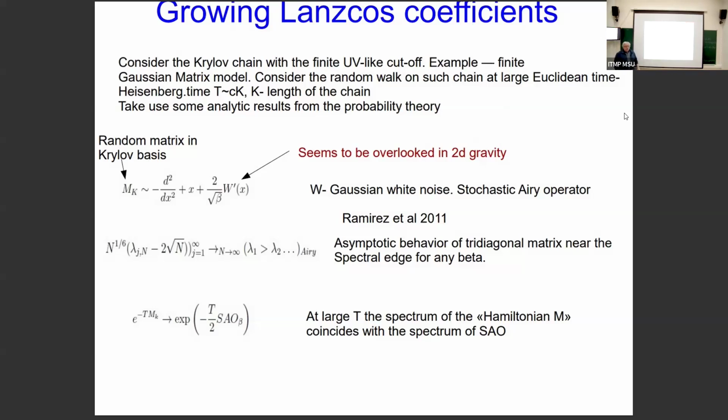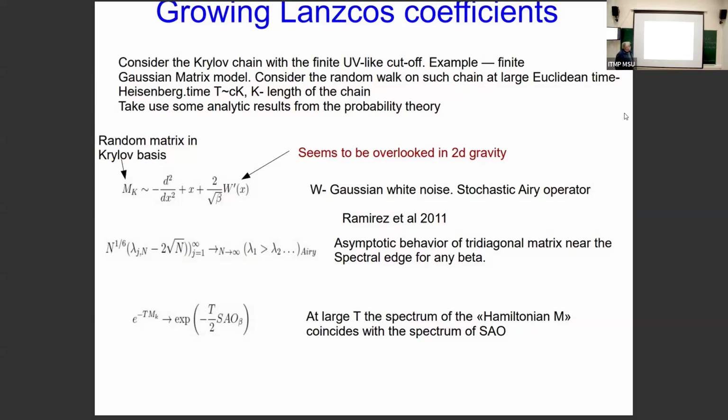And the point is that, in a more exact result, it turns out that there is an additional term. So when you consider a tridiagonal matrix at the spectral edge, it reduces to the random differential operator, not the regular deterministic operator, but a random operator.